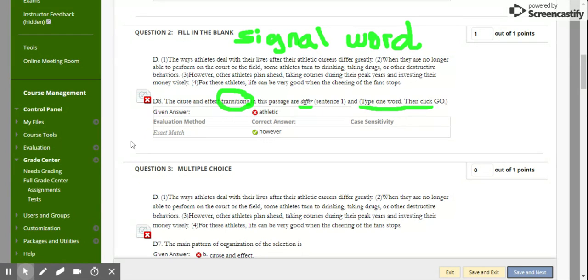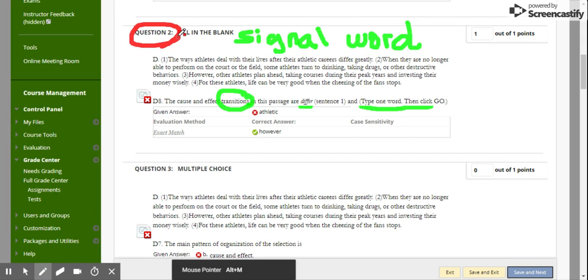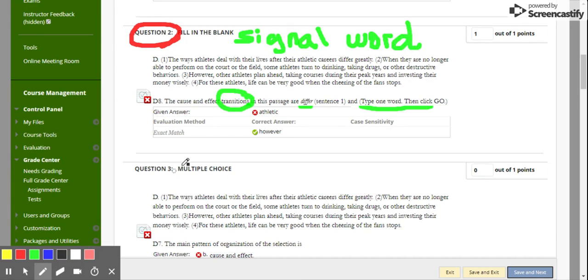Now, here's one special problem that we have with question 2. And I am so glad you asked your question, because I didn't realize it until you asked me. In question 2, we have a mistake. This should not say cause and effect transitions.